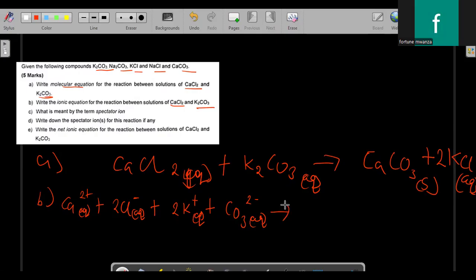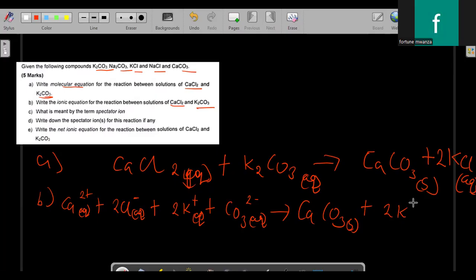We are only dissociating those in aqueous solution. For solids, we are leaving them, so we are not going to tamper with solids. You leave this calcium carbonate the way it is. Then I dissociate the other one, which is also in aqueous solution.